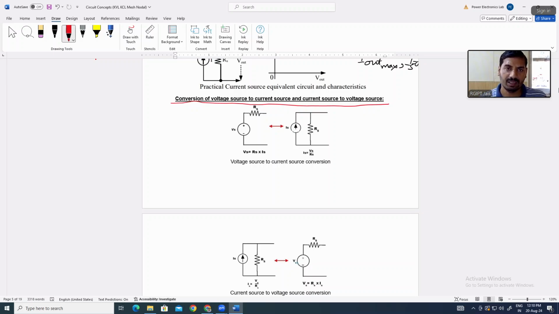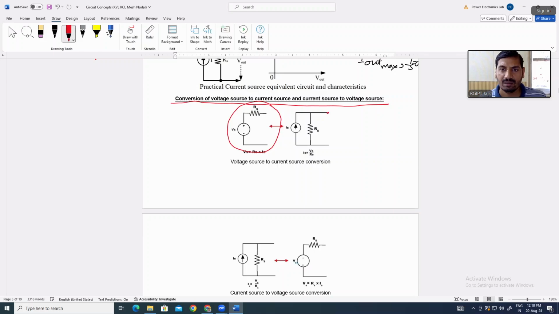In a practical voltage source, this is the internal resistance RS, which is connected in series with the voltage source VS. This can be converted into a current source in parallel with the same resistance RS.